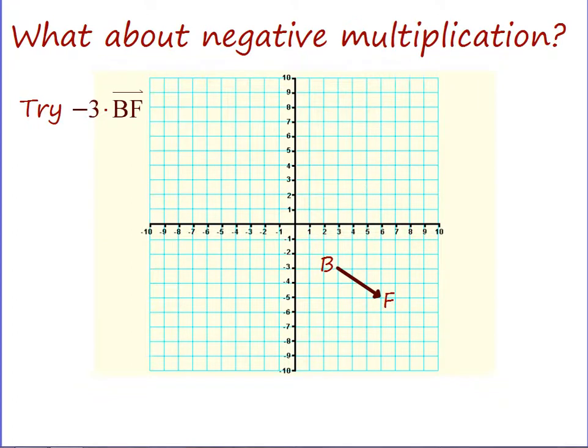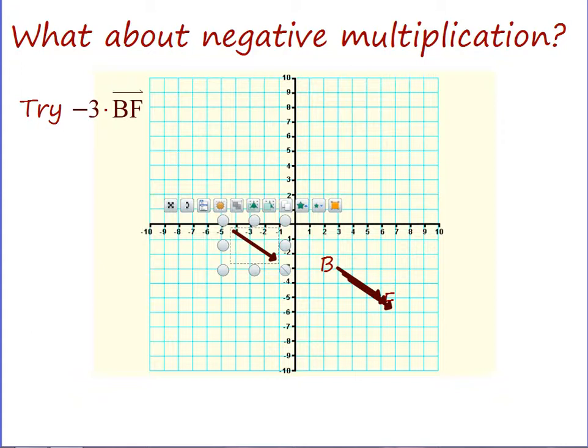Negative multiplication is just slightly different. I'm still going to copy that same vector, but now instead of going in the same direction, that negative means I'm going in the opposite direction.